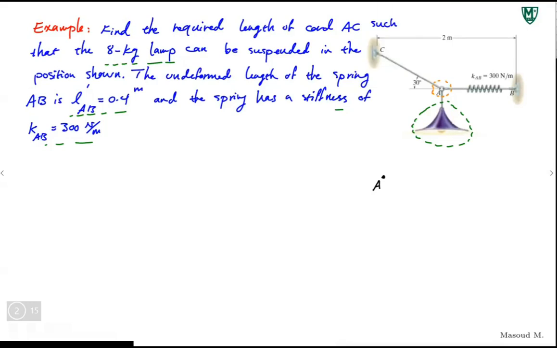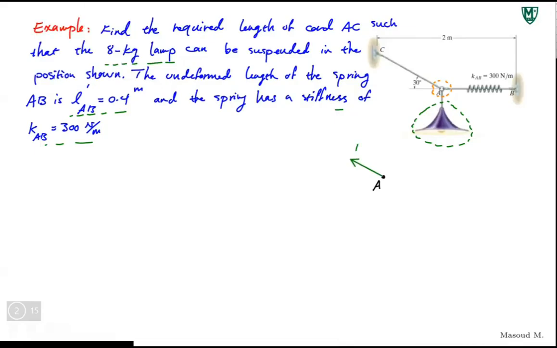Remember, I had cables, springs, weight, and smooth contact or normal force. Which one of these do we have in this problem? Spring and cable. Okay, so this is the spring, and this is the cable. Let's start with the cable.